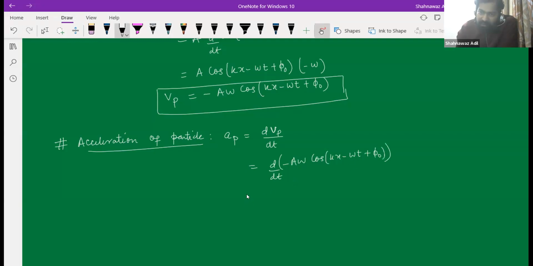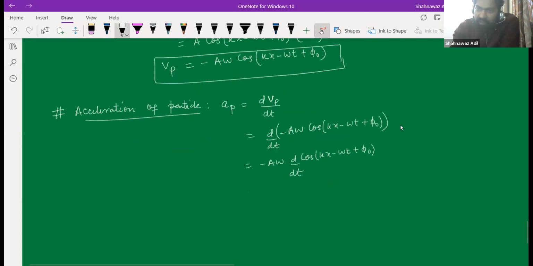Right, so this will be how much? Minus A omega, we can take it outside. And then the differentiation of cos theta, cos(kx - omega t + phi).